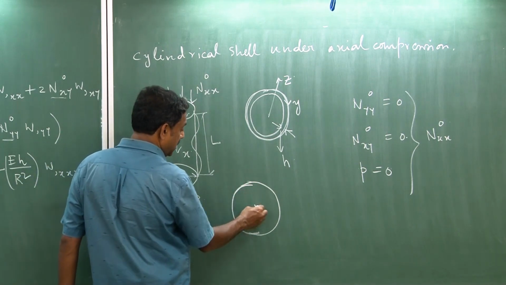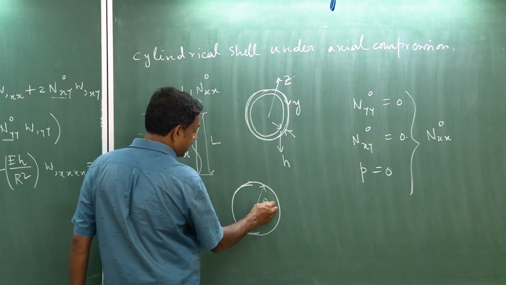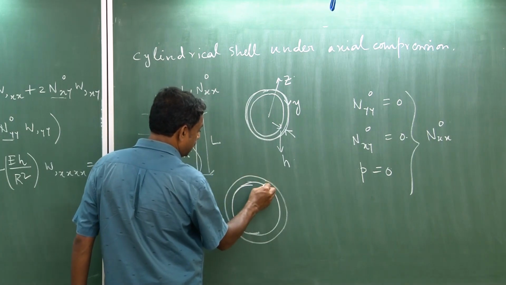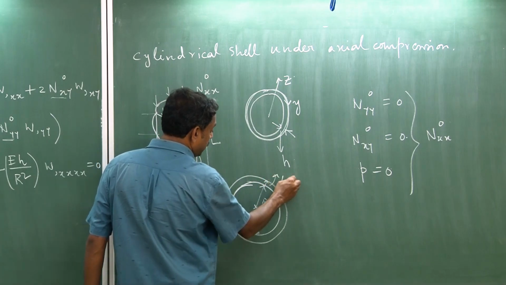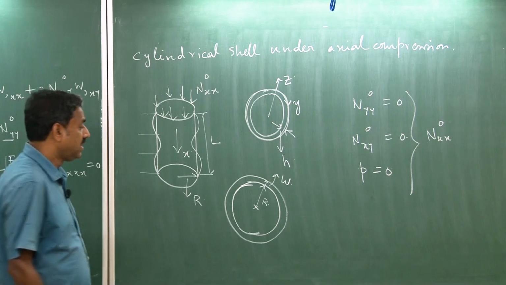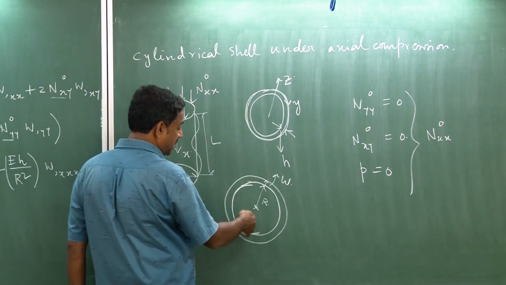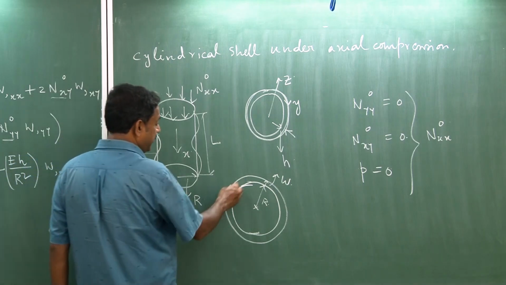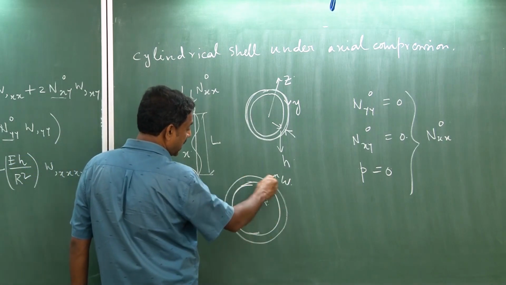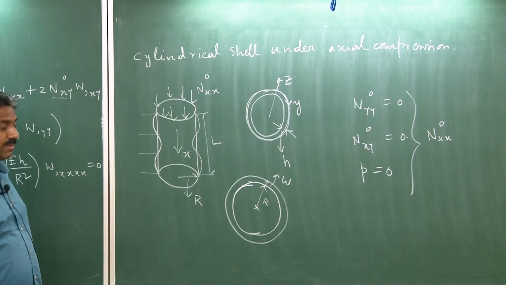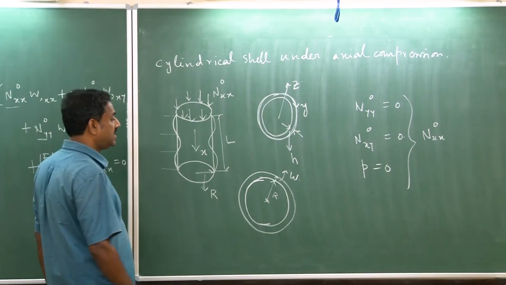circular section, which has initial curvature r, was extending by the amount w. So the radius increases from r to r plus w, but we didn't consider any circumferential wave.